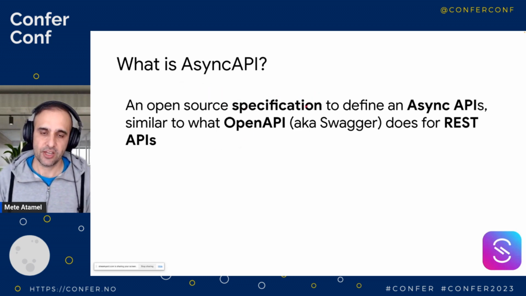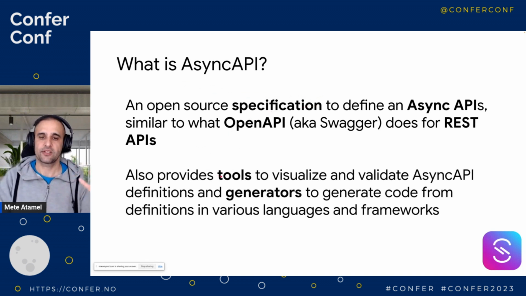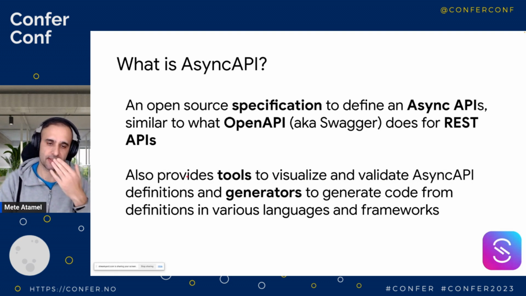So it's a specification, but again, it's more than a specification. It also provides tools to visualize and validate these AsyncAPI definitions. This is very useful to see your architecture using these tools, and I'm going to show you an example.